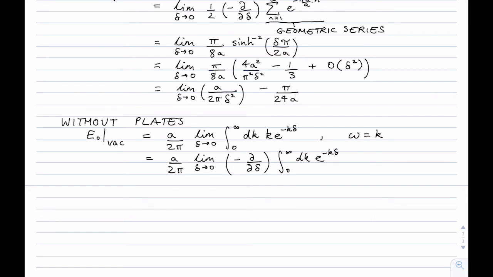And because you can swap the derivative d/d delta with the integral in calculus, and so then probably some mathematician would have my head for that, but I'm all right with it. So that's a over 2 pi times the limit of delta tends towards 0 of minus d/d delta.